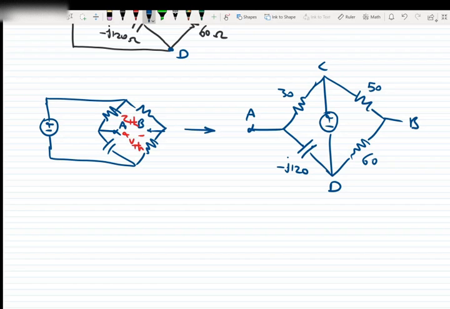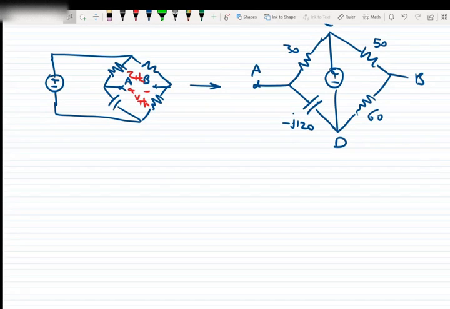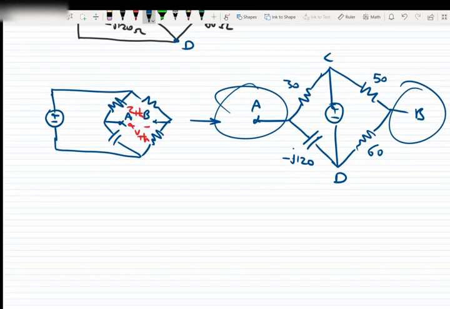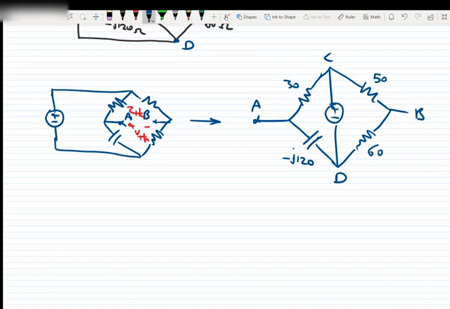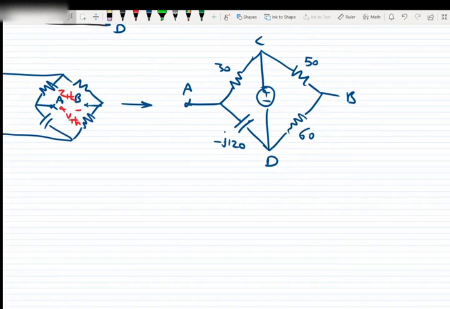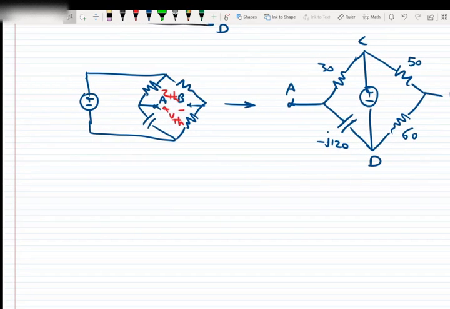Now we want to find Z Thevenin and V Thevenin seen from these 2 points, point A and point B. Okay, first let's find the Z Thevenin. In order to find the Z Thevenin, we need to turn off the voltage source.